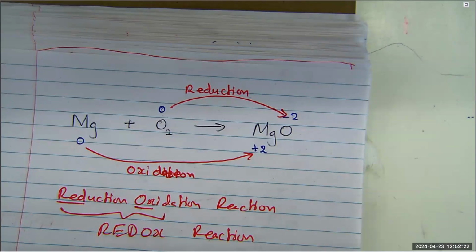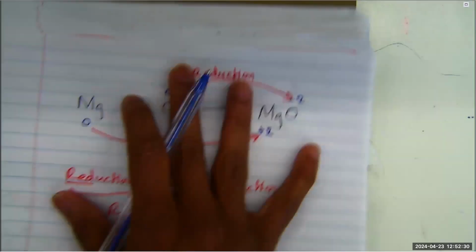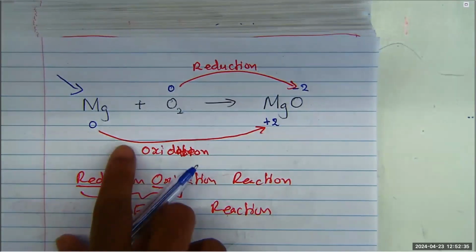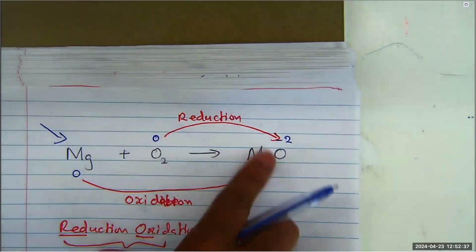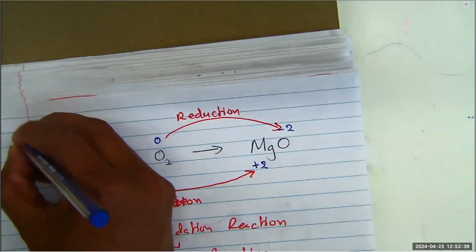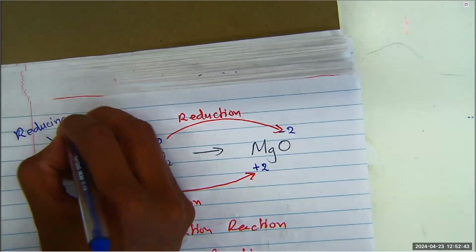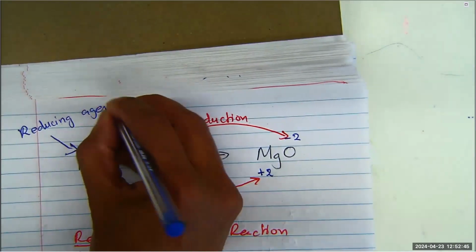So for that reason, in this reaction, because magnesium is reducing oxygen, it is called the reducing agent. This is the reducing agent.